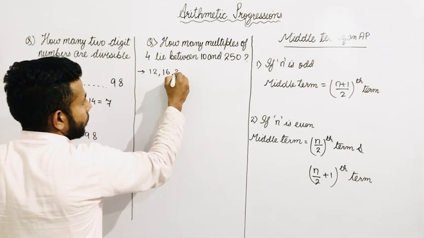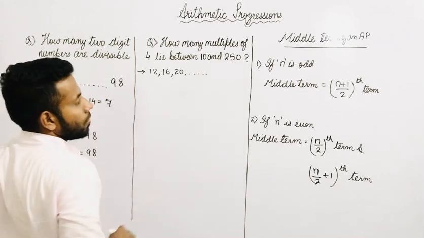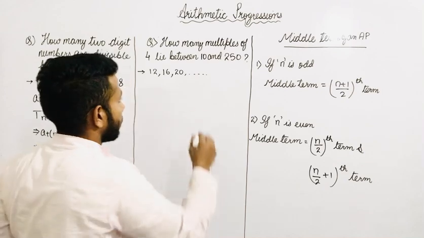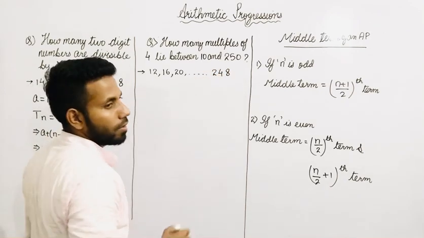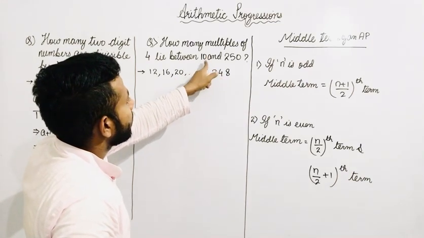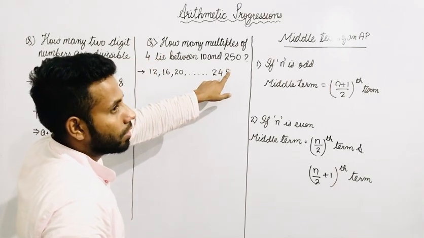The third is 20. And the last one is 248. This is the last number between 10 and 250 that is a multiple of 4. 4 times 62 is 248.